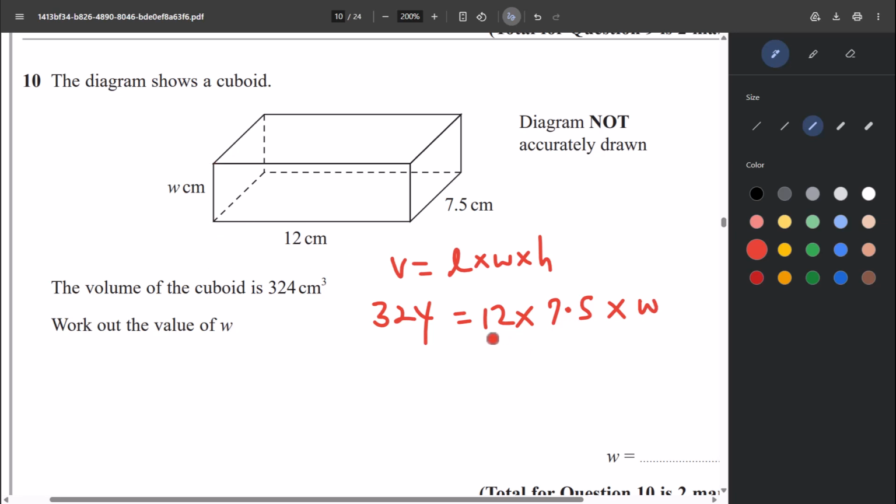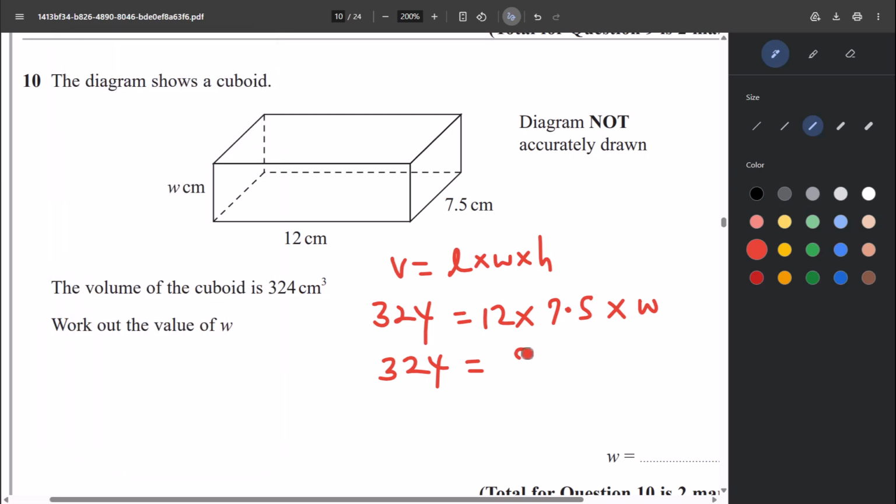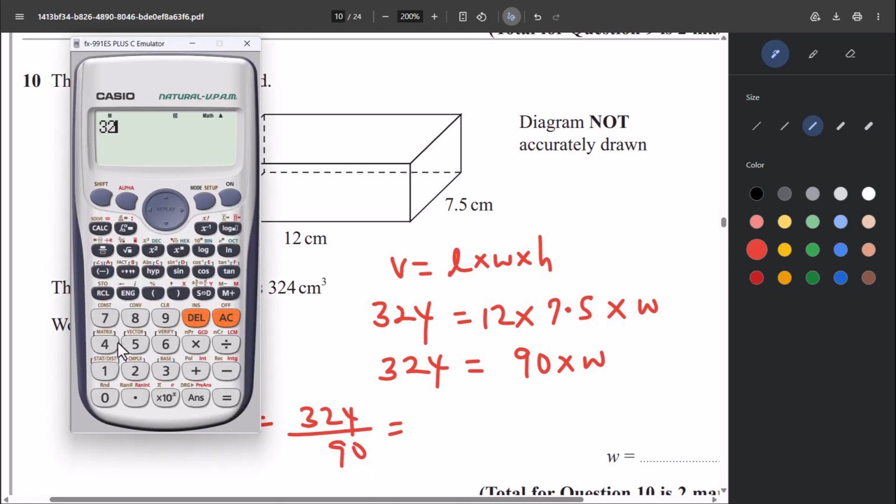So if you multiply 12 by 7.5, you will get 90 times W. And to get W, you divide both sides by 90. So W will be 324 divided by 90.